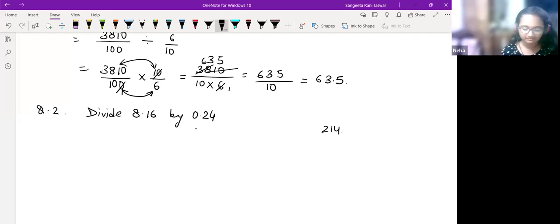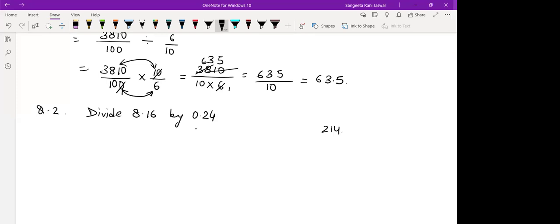Ma'am, I'm a bit confused. Okay, see here, the same thing: convert both the numbers to fraction. Or you can do one thing: you can just move the decimal two places towards the right side, and here also the decimal will move two places towards the right.